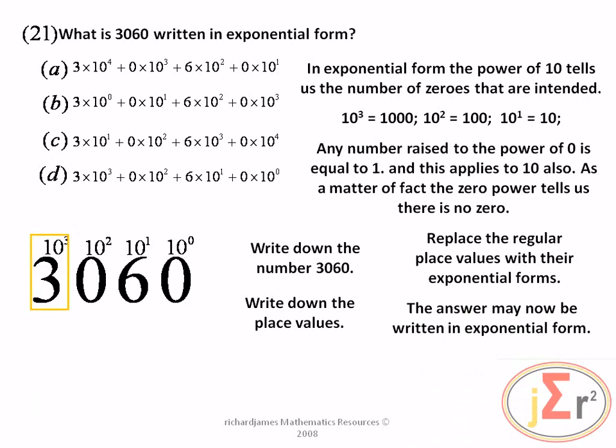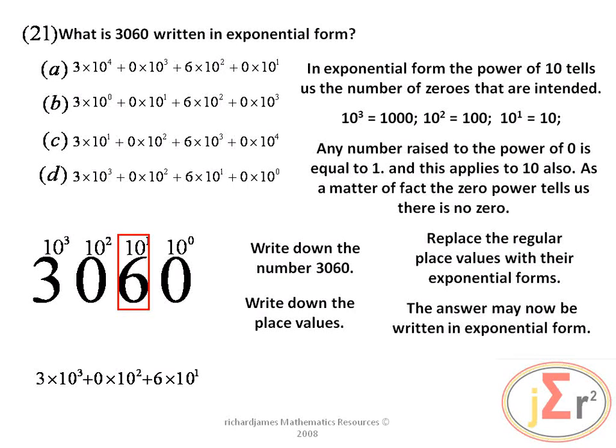So there we have 3 and 10 to the power of 3. So 3 multiplied by 10 to the power of 3. Then what do we have? 0 and 10 to the power of 2. Plus 0 times 10 to the power of 2. Then 6 and 10 to the power of 1.